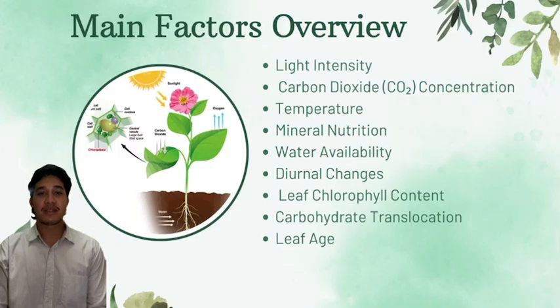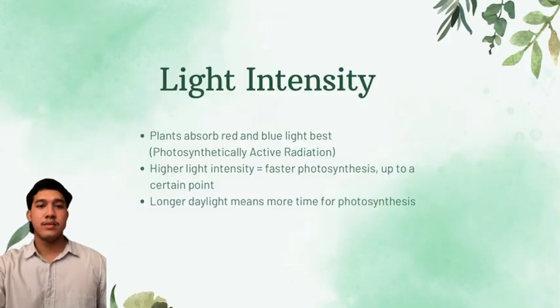We will be discussing each of the factors because they play an important role in how fast or how well photosynthesis happens, from the amount of light a plant receives to the water it absorbs and even the age of its leaf. Everything can influence how much food the plant can make. So, let's break down these factors one by one and see how each one affects the rate of photosynthesis.